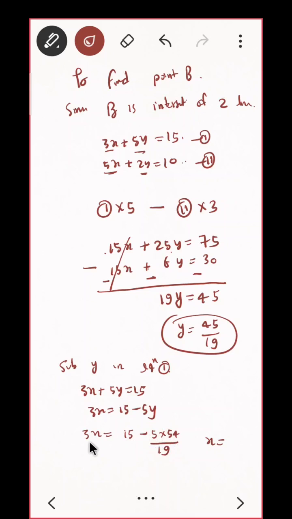That is 3x is equal to 3 times 5 minus what will be here? 5 into 3 ones are 3... 18, na? Upon 19. You can take 5 common also. So it's better to take 5 also. Tell me the final answer.